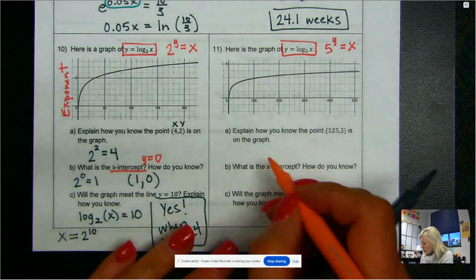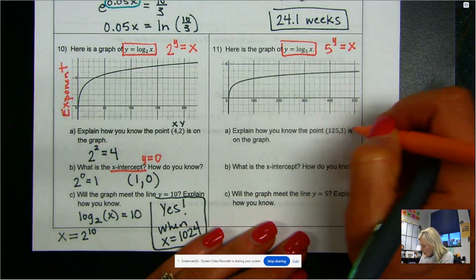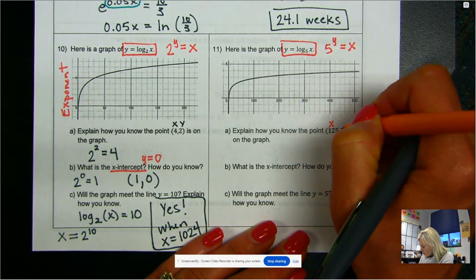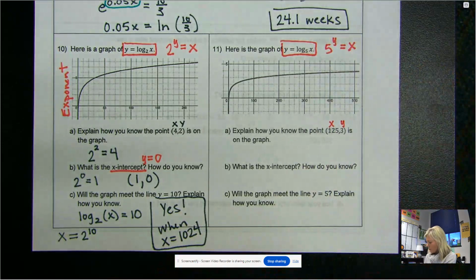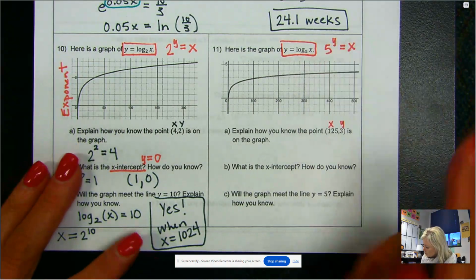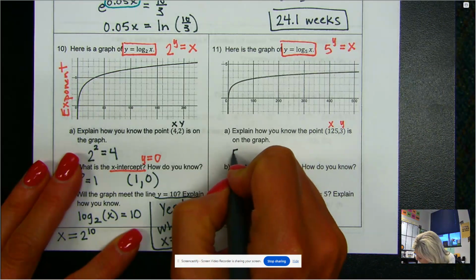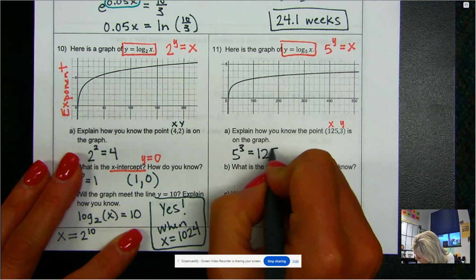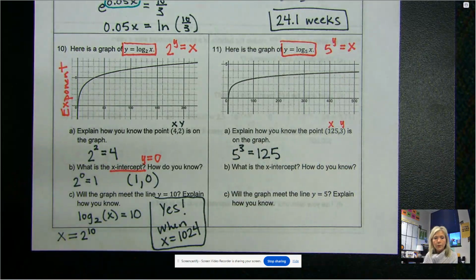Okay, so how do you know the point (125, 3) is on the graph? So 125 would be the x value, 3 is the y value. So if we put in a 3 here for y, we get 5 to the third, which is 125. So that's how I know.